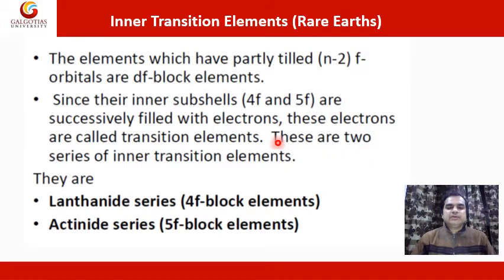So these elements are also referred to as transition elements. On the basis of that, there are two series of inner transition elements: first is the lanthanide series, which belongs to the 4f block elements, while the second series is known as the actinide series, in which we have 5f block elements present.